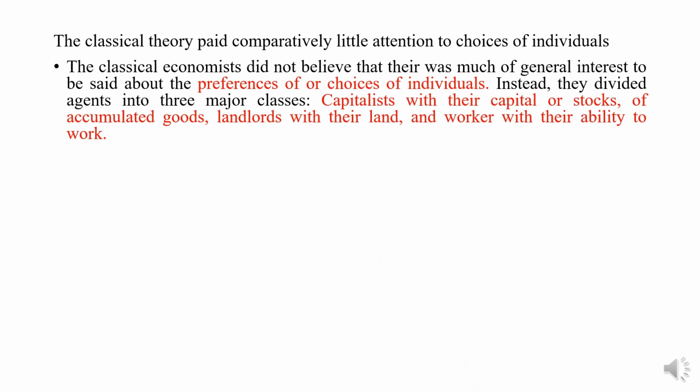The classical economists did not believe that there was much of great general interest to be said about the preferences or choices of individuals. Instead, they divided agents into three major classes. First was the capitalist with their capital or stocks of accumulated goods, the landlord with their land, and the worker with their ability to work.